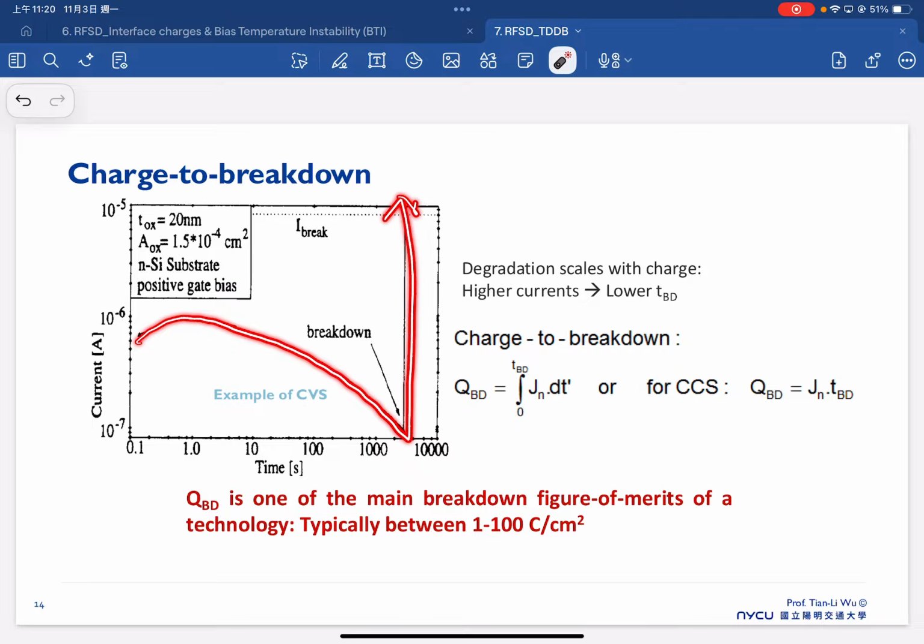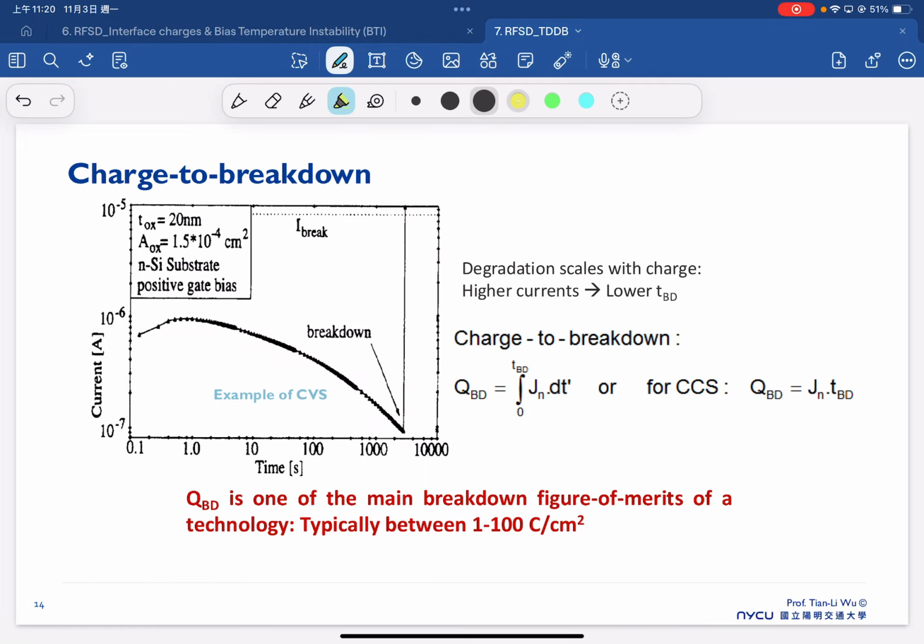We found that this degradation scales with the charge, because if you have a lower current, you need to reach a certain criterion that can cause a breakdown. That's what we call the charge to breakdown.